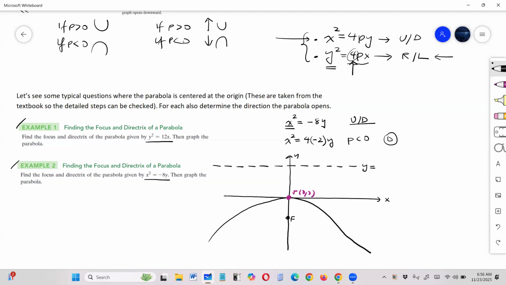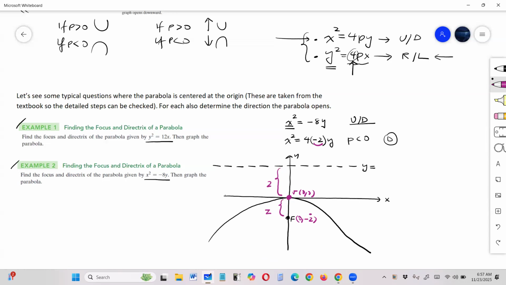Okay? Now, all I have to do is find p. But I already know what p is. P is -2. So this distance is 2 units, 2 units down. And this distance is 2 units. Because this is the origin, the focus is at what location? The focus is 0, -2. Now notice it's 0, -2, not -2, 0, because the coordinate that's changing is the y, right?